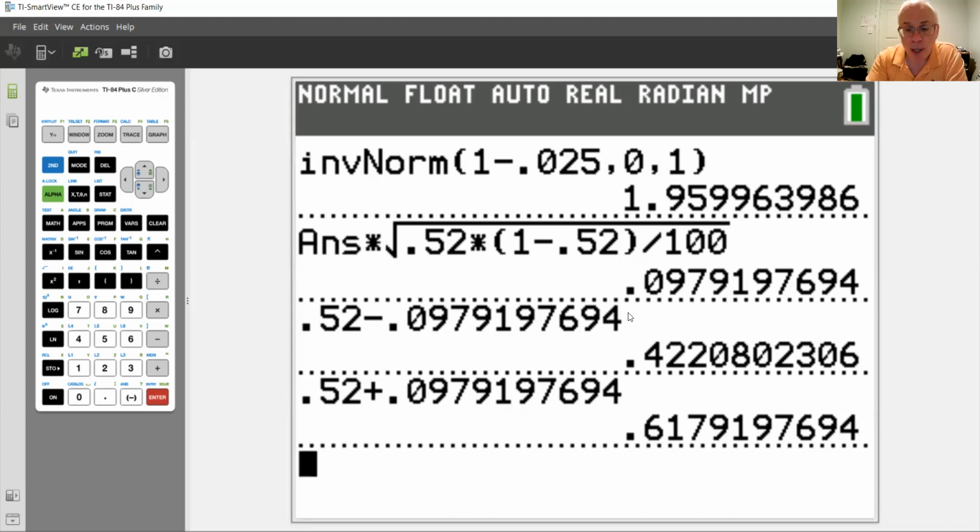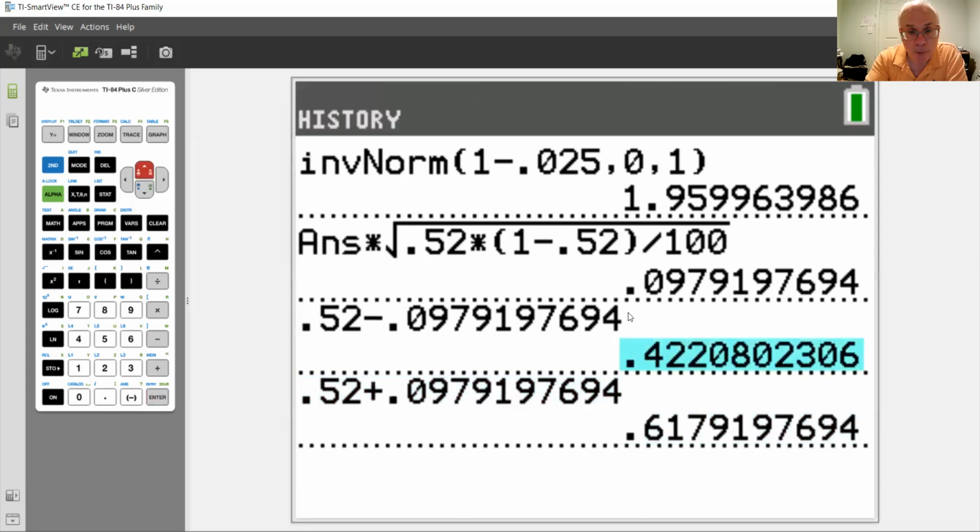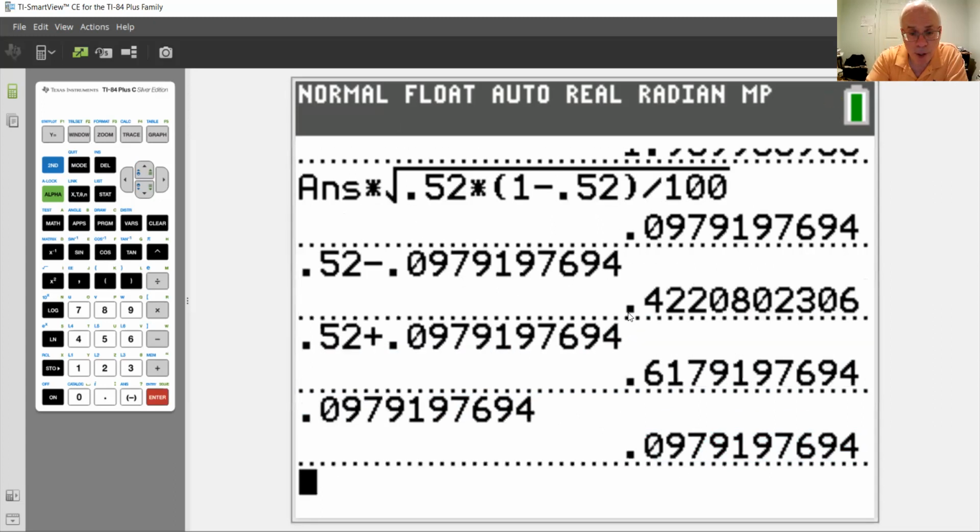Let's pretend that we've done this calculation. We've calculated Z times the standard error, and this is our margin of error. I hit enter. Here's my margin of error, 0.0979. Suppose I want to store that so that I can use it in calculations.